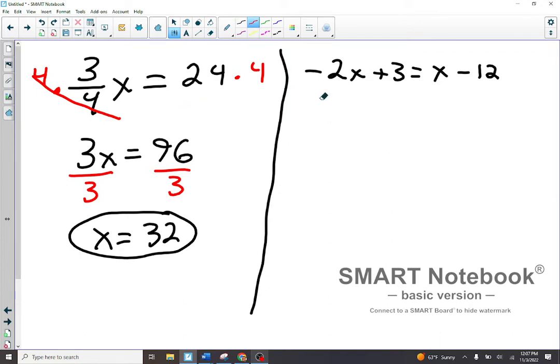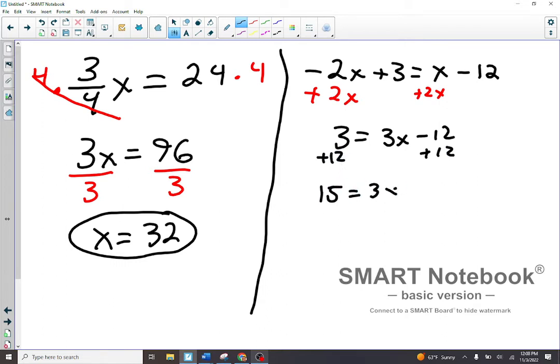In this case, though, the smallest x here is not 1, it's negative 2. So don't forget to count negatives in terms of figuring out which one's smaller. Which means I'm going to do plus 2x plus 2x. 3 equals 3x minus 12. Then we're going to do plus 12 on both sides. 15 equals 3x, divided by 3 on both sides. X equals 5.